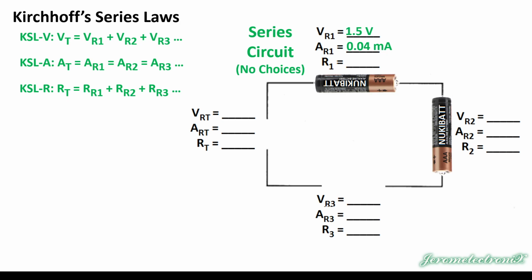We put another NukiBat here in series because there's only one direction for the electrons to go. This one will also produce 1.5 volts, and it also pushes out 0.04 milliamps. And if we put a third one in, same thing, 1.5 volts and 0.04 milliamps.